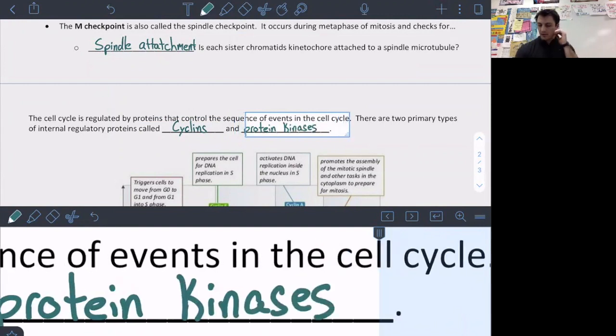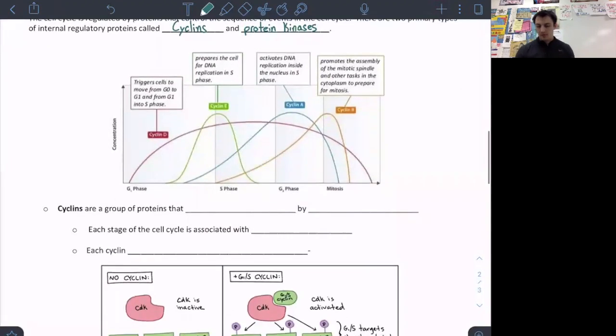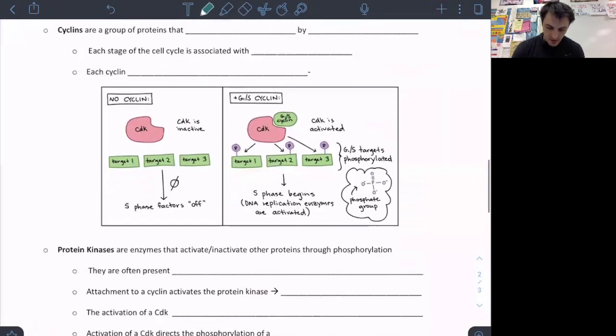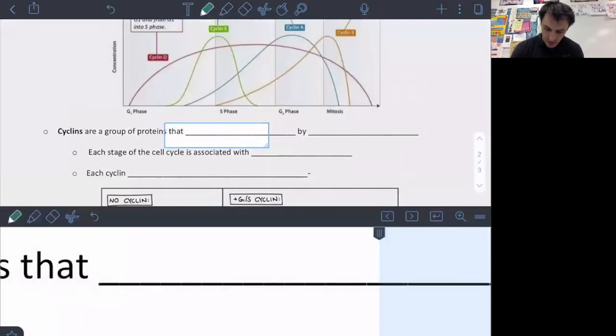We're going to skip down and talk a little bit about cyclins and protein kinases, and then we'll jump back to our image above.